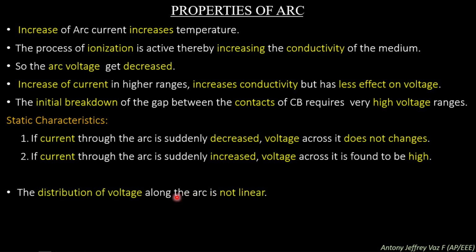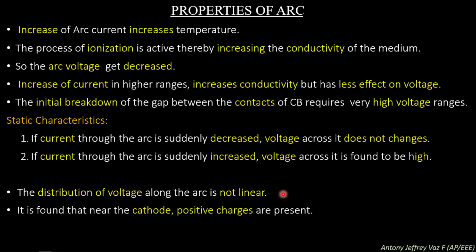It is also noted that the distribution of voltage along the arc is not linear in the static as well as dynamic characteristics. It is found that near the cathode, positive charges are present. When the arc forms, the arc is present between the cathode and the anode electrodes of the circuit breaker. Here, the cathode and anode electrodes are represented as the two switches or the contact points in the circuit breaker.